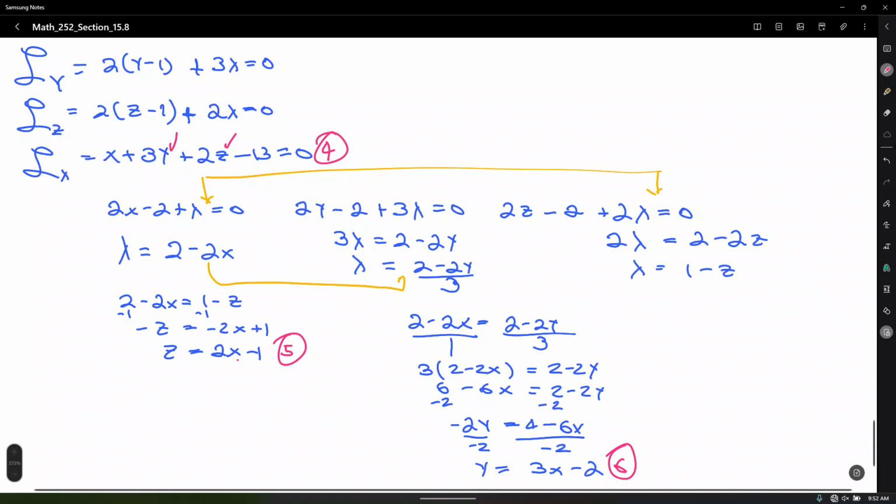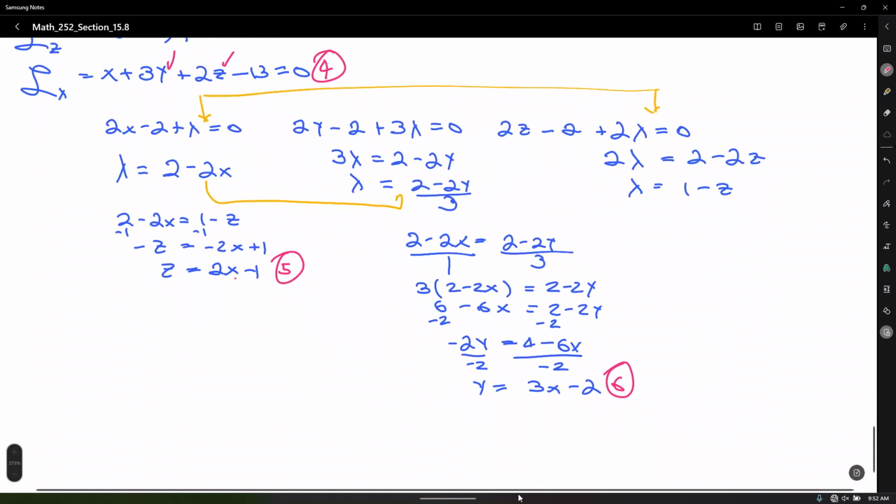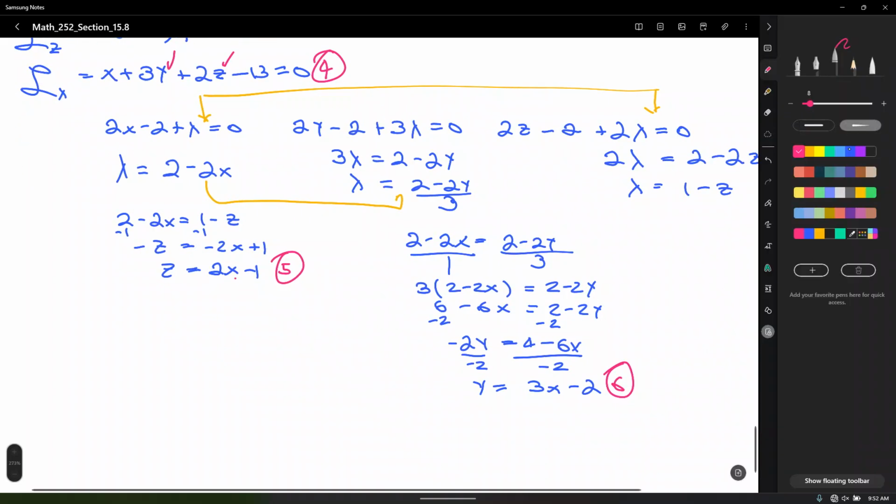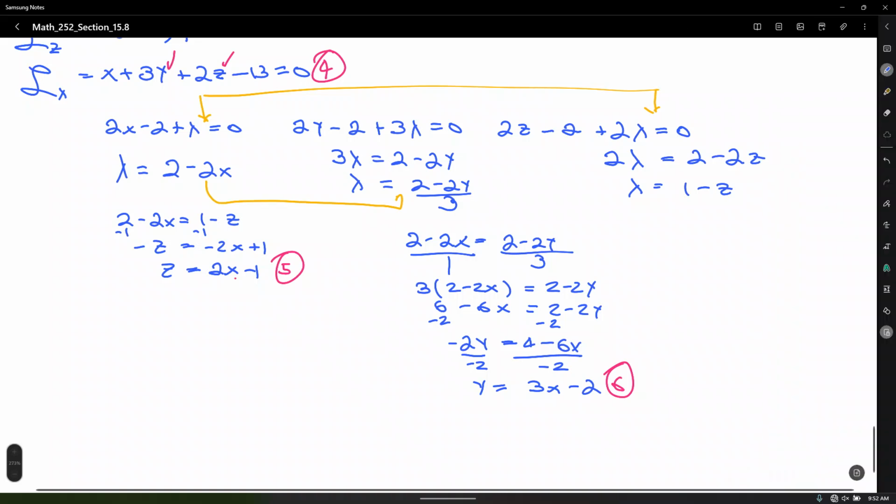Okay, what's next? Substitute, right? So that is x plus 3 times y, which is 3x minus 2, plus 2 times z, which is 2x minus 1, and I'm going to move the 13 to the right hand side.